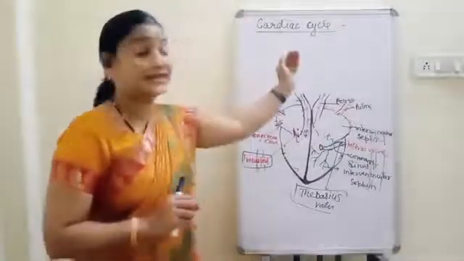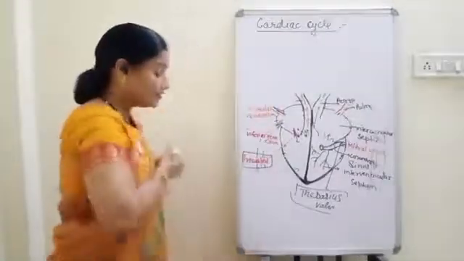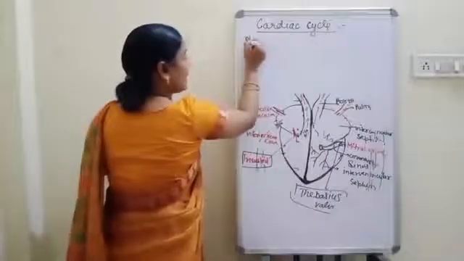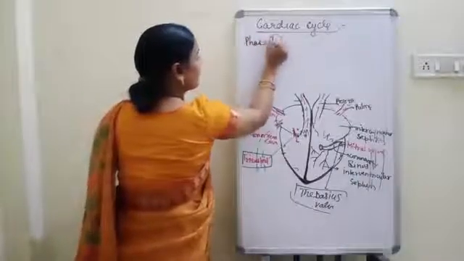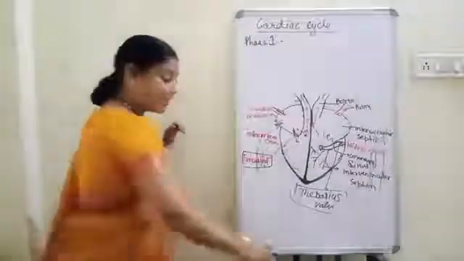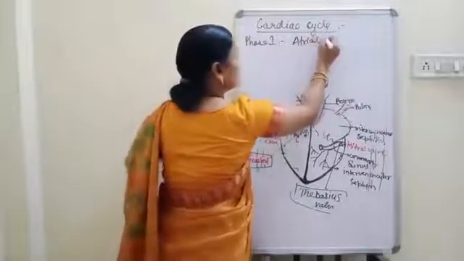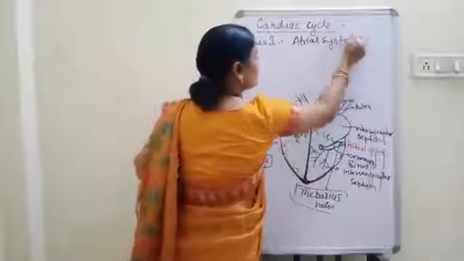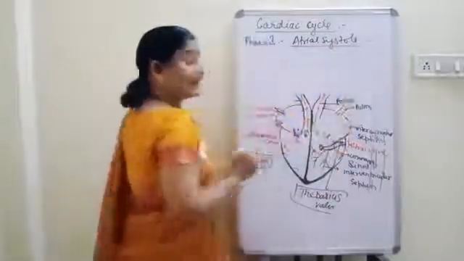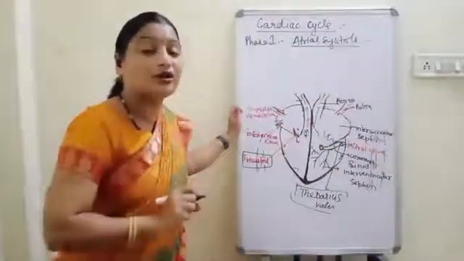Okay, now we can divide this cardiac cycle into 3 phases. Phase number 1. Now see what happens in phase number 1, which is called the atrial systole. Now, the meaning of systole is clear to you, that is when the chambers get contracted.